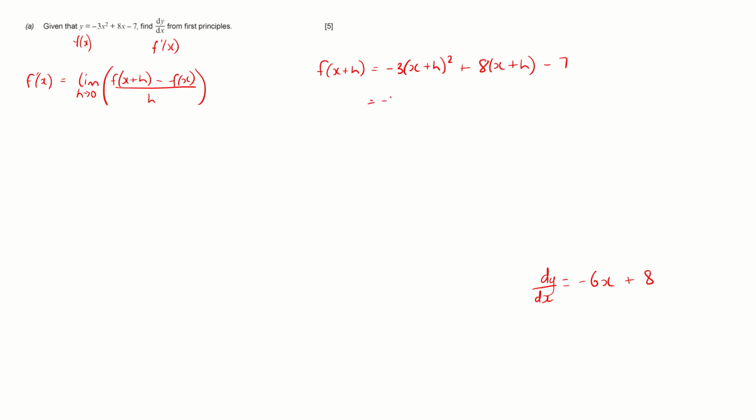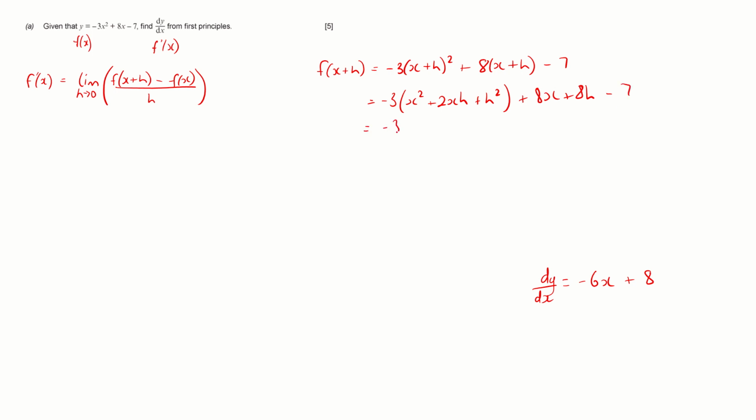Now if I expand that, minus 3 times, now if I square a bracket, square the first term, double the product, so if you times them together, it's xh, so double that, 2xh, plus square the last term, h squared, plus 8x plus 8h minus 7.